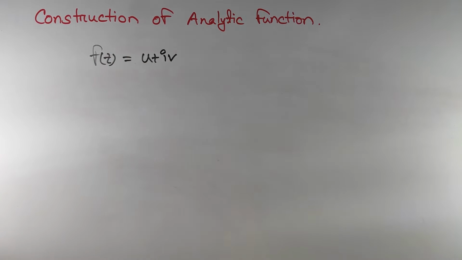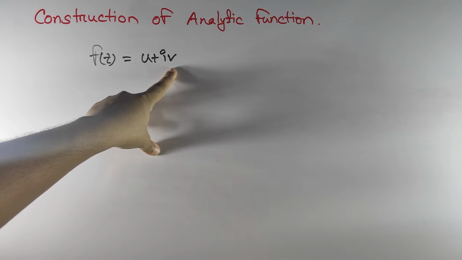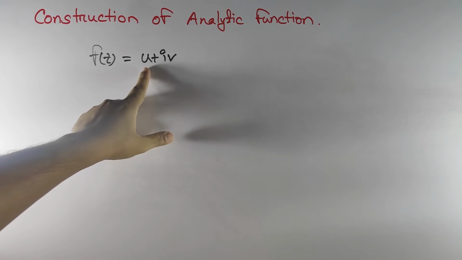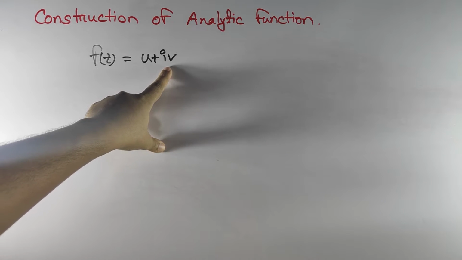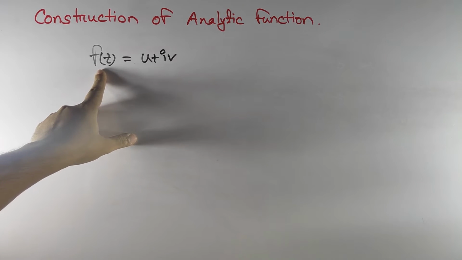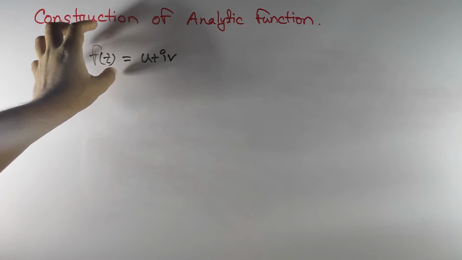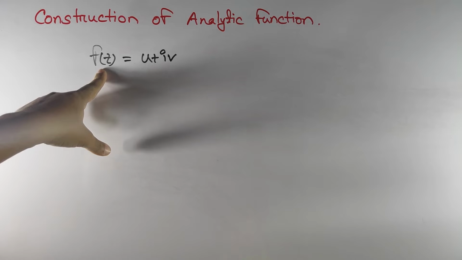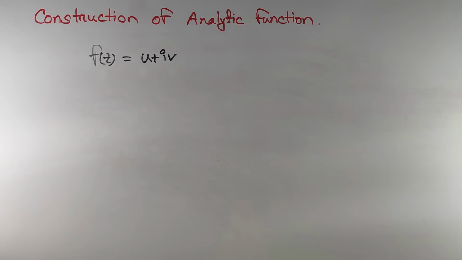It's the construction of an analytic function. Why? Until you find u and v both, I repeat students, you can't construct f(z), and that means you can't construct the analytic function.